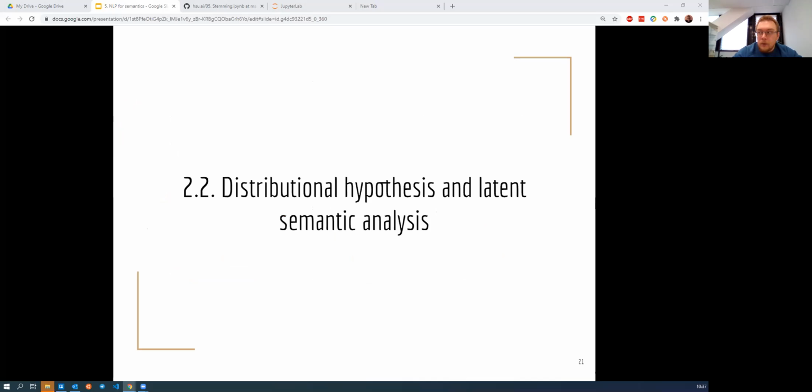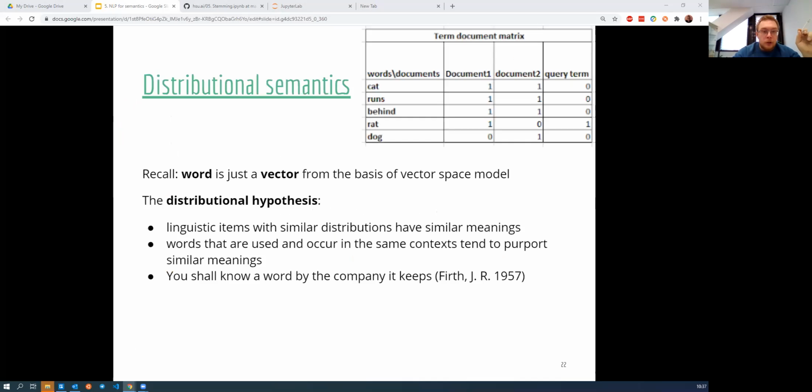And we go to these two approaches, which try to solve multiple problems with vector space modeling. Remember, we are trying to define the semantics of the text through numbers. Distributional hypothesis. Let's look at any term-document matrix.